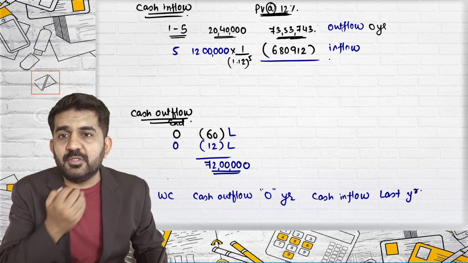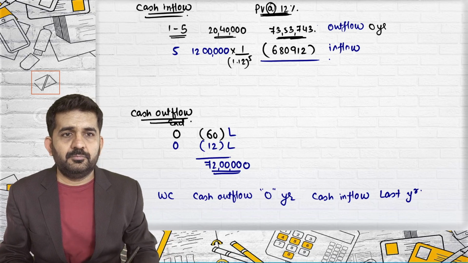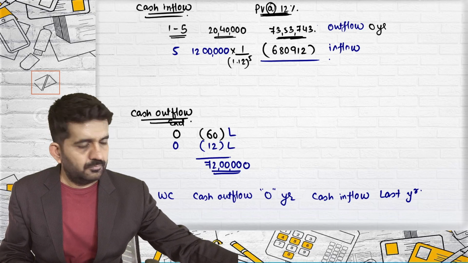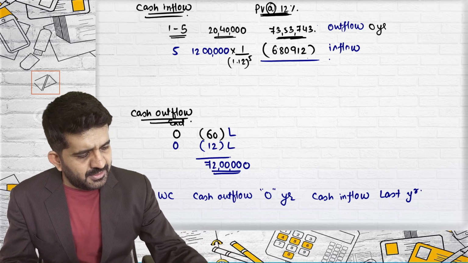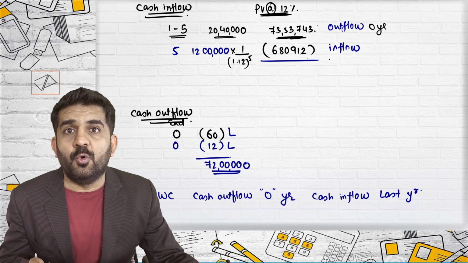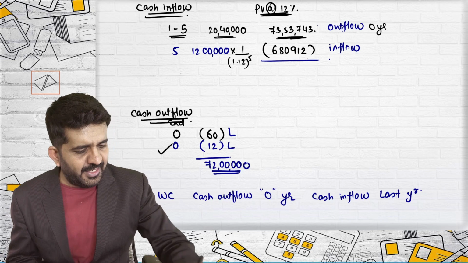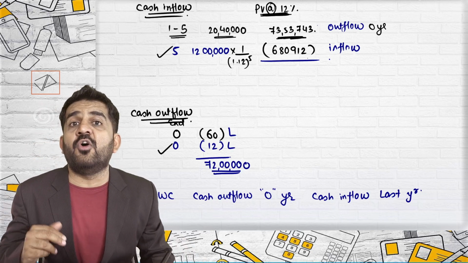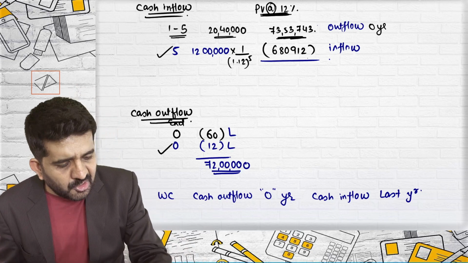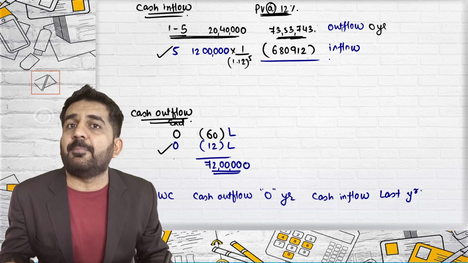Sir, why? Alright. So this 6,80,912 is your inflow. Why? It will be cash outflow at the end of 0 year and it is cash inflow at the end of 5th year. I am not combining it with this cash flow. I am finding out that answer separately.